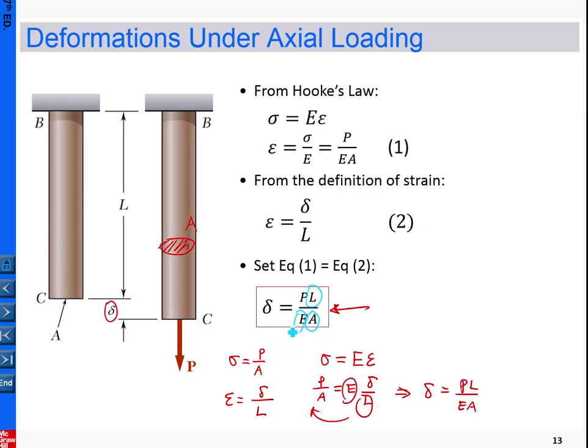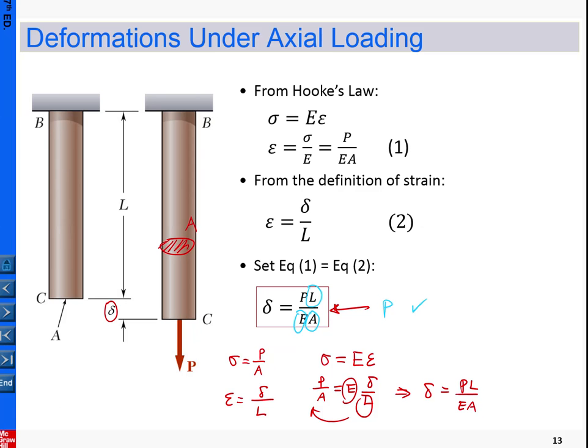The same thing with L, that is the dimension here. So really in this formula, the only thing you need to determine is the force. So basically P is the quantity you're going to spend a little bit of time calculating.